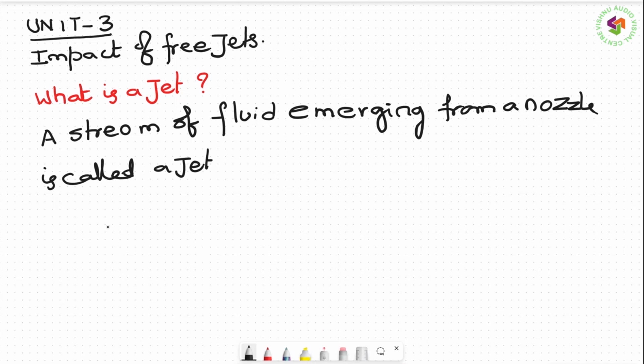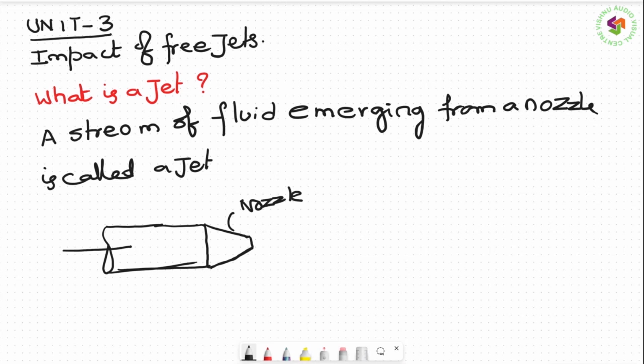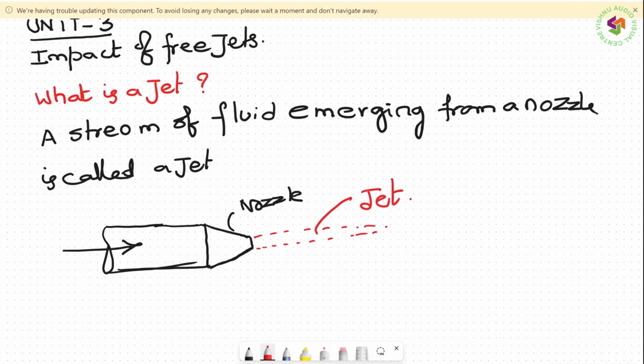For example, if you take a pipe, this is a pipeline. At the end of the pipeline, I have fixed a nozzle. Nozzle means whose cross sectional area is reduced. This is the nozzle. So when water flows through it, the water stream coming out of it, this is what we call a jet.